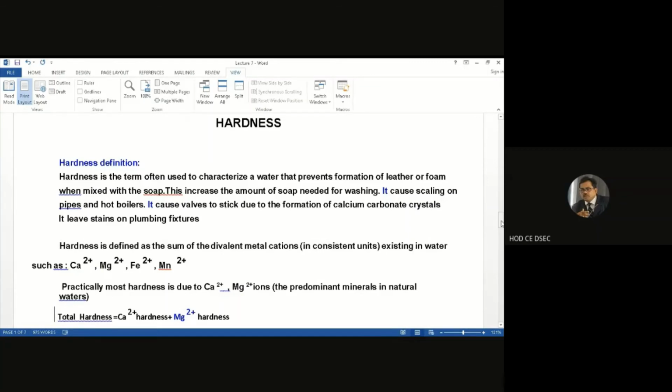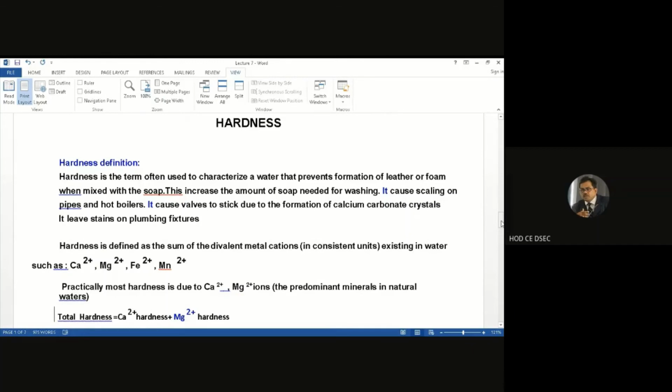Not only from the soap consumption point of view, but hard water also forms scaling in the boiler and in pipes. Why pipes? Because in pipes the water flows through distribution lines, and if the water is hard, it corrodes the pipe and forms scaling. The same thing happens in mechanical equipment like a boiler, which produces steam with the help of water.